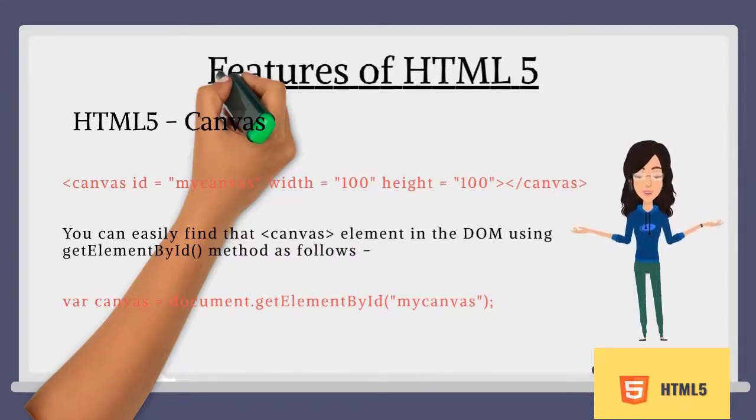HTML5 canvas examples are drawing rectangles, drawing paths, drawing lines, quadratic curves, images, styles and colors, text and fonts, and many more. This is a new feature in HTML5. If you want, I can also make a separate video with details about the canvas tag. So these are all the features of HTML5.